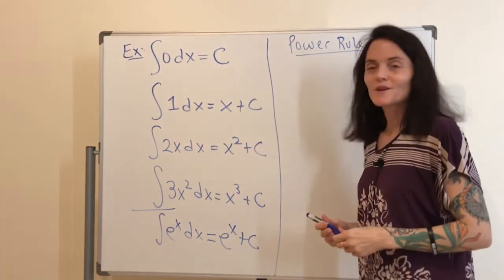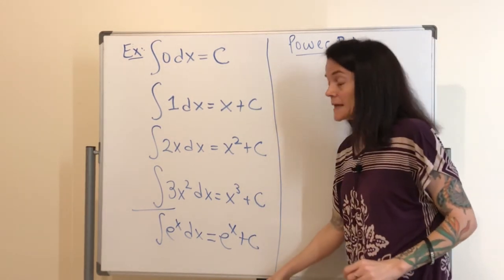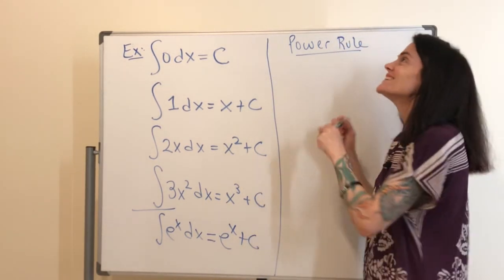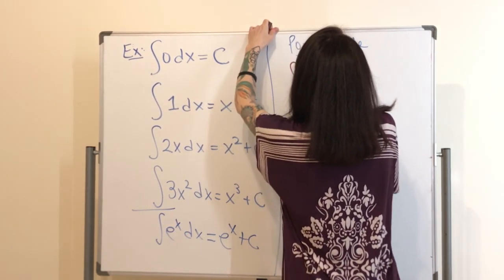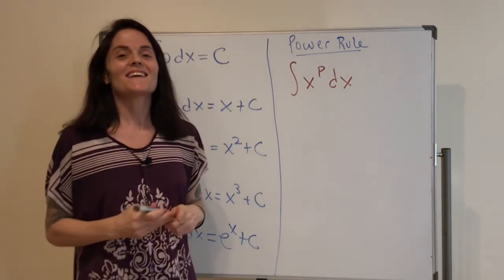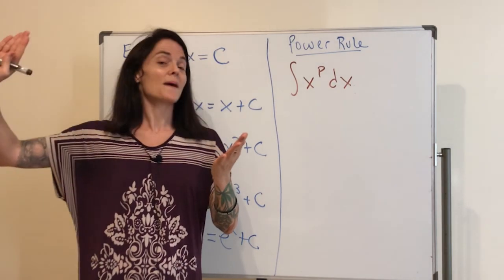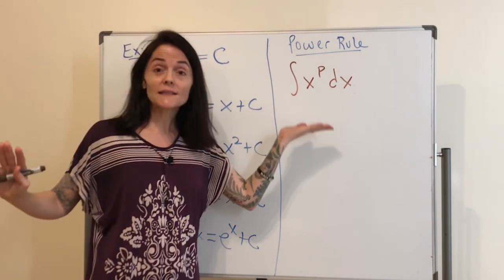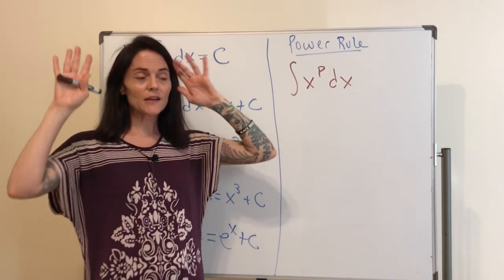derivatives, the first rule we learned was the power rule, and similarly here. Well, what does this say? We integrate, say, x to the p dx. When we're differentiating, the power rule is bring down the power, x to the power minus 1. This will clearly be a different rule because we are going the other way, we are integrating.